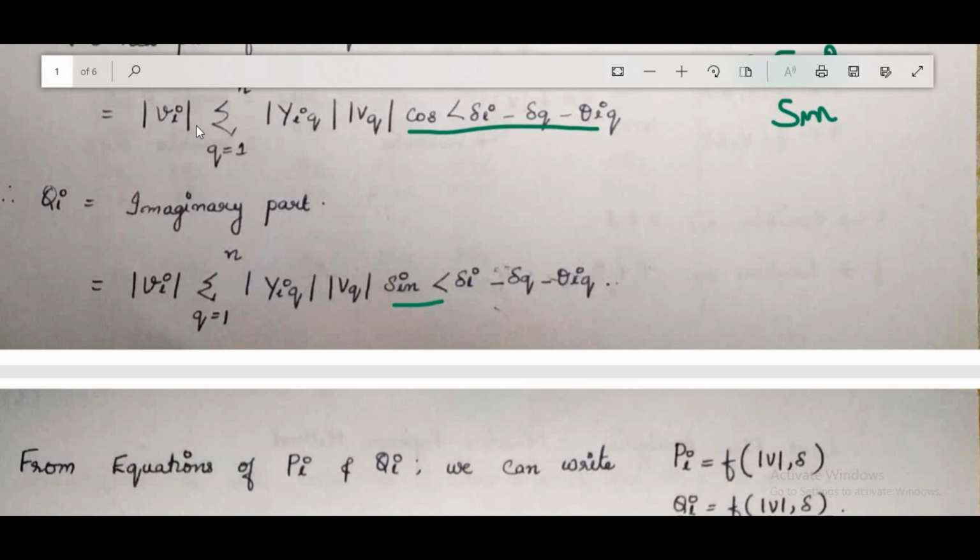It is the active power. What is the imaginary part? It is the reactive power. So active power is equal to Vi, Yiq, Vq. In between you have a sigma, q equal to 1 to n, cosine of delta i minus delta q minus theta iq. Clear? Similarly, our reactive power is equal to the same equation with sine of that angle.